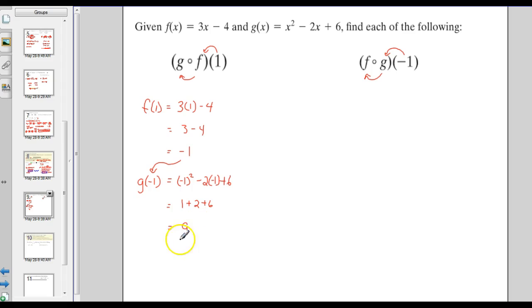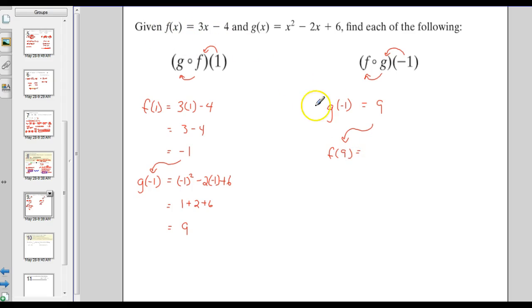Okay, now, if I plug negative 1 into g, and then that into f, negative 1 goes into g first. Well, I know that g of negative 1 from the very last problem, we ended up with 9. And now I'm going to plug 9 into f. So here's f.